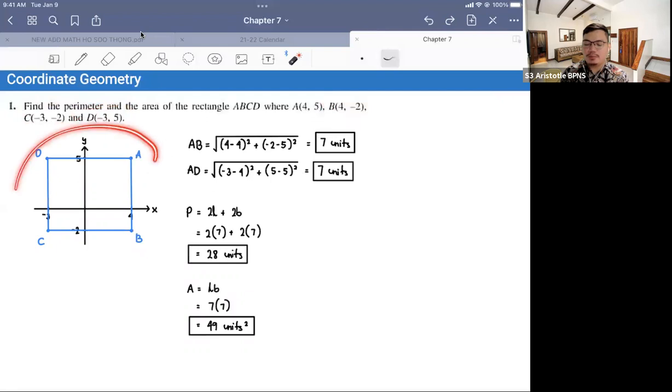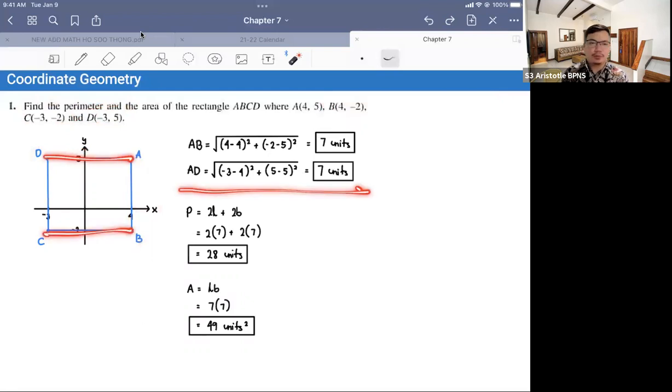You can either plot the points and just count how many units there are for each length and breadth, or you can simply solve the two sides. So AD of course is equal to BC, and AB is equal to DC, right?